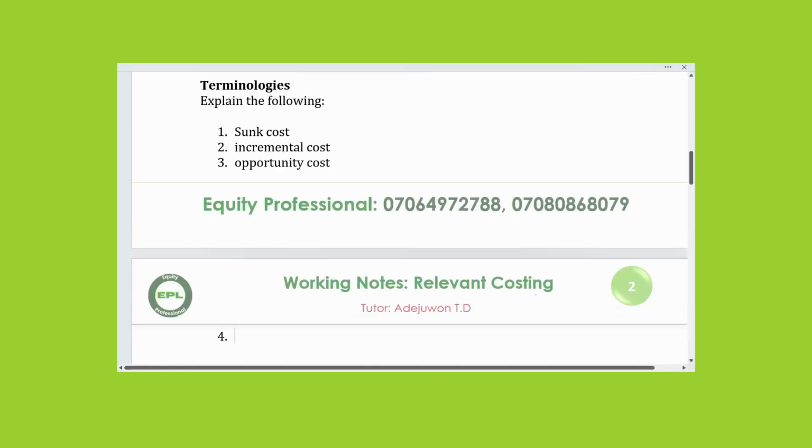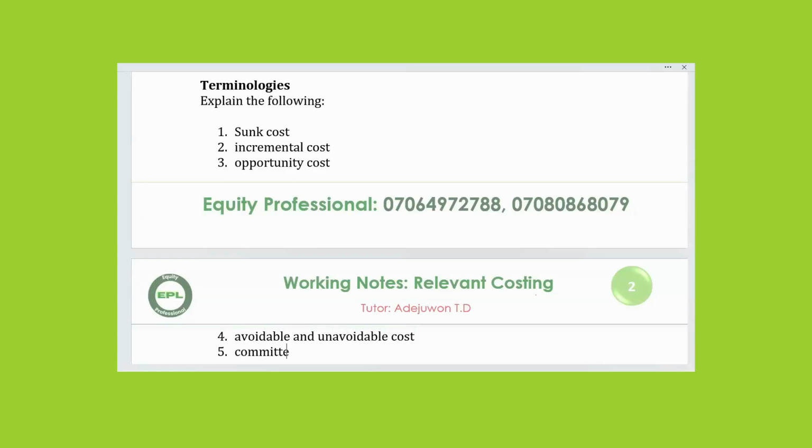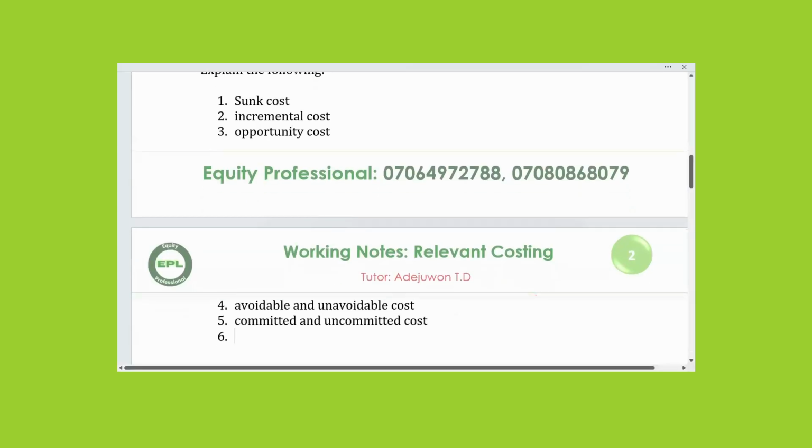Number four, avoidable and unavoidable cost. Committed and uncommitted cost. Number next, differential cost.